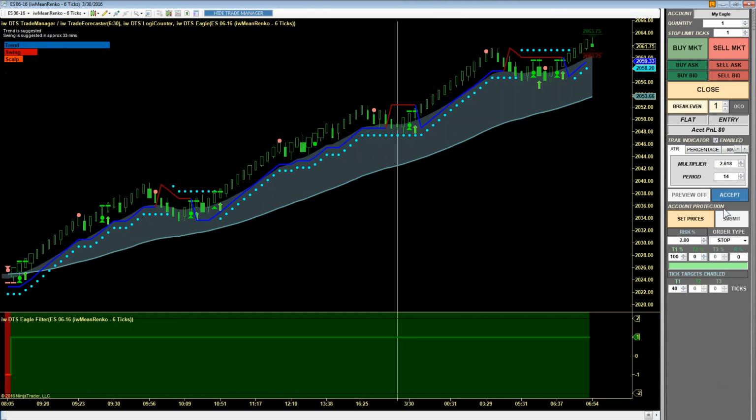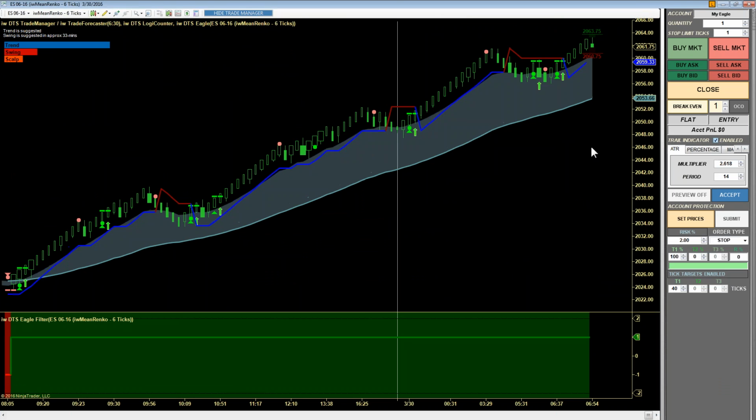And here's the E-mini now on the Eagle. The Eagle did give us a signal out of the open. Got a nice little trend signal here. It was against the ATR, so I would have actually waited for the ATR to turn over, essentially making this our signal bar right there.